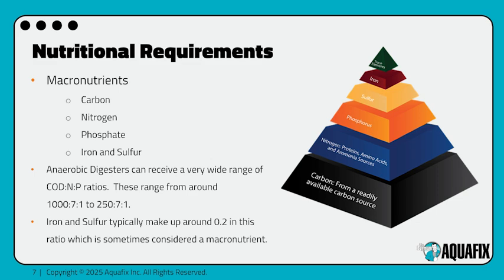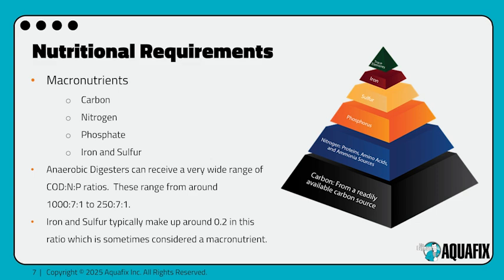Iron and sulfur tend to make up about 0.2 in this ratio. There's a little bit of variance there. Those two are sometimes lumped into micronutrients and sometimes lumped into macronutrients. They're relevant to each other because iron and sulfur tend to precipitate out of solution, which means you need enough iron and sulfur for your system to function. If they interact, they precipitate out.